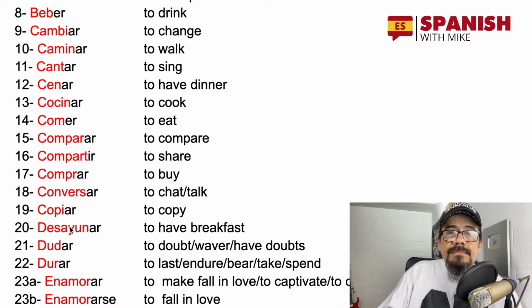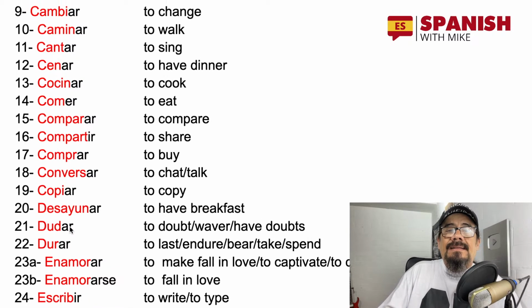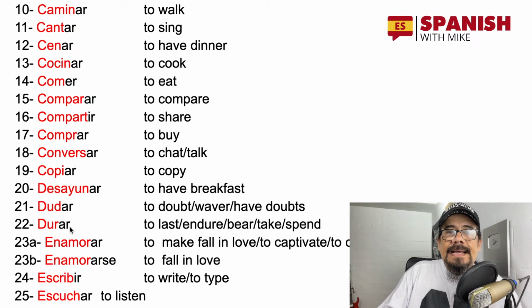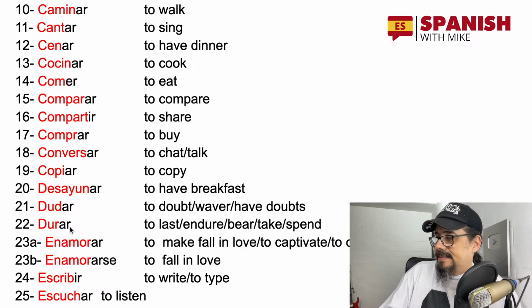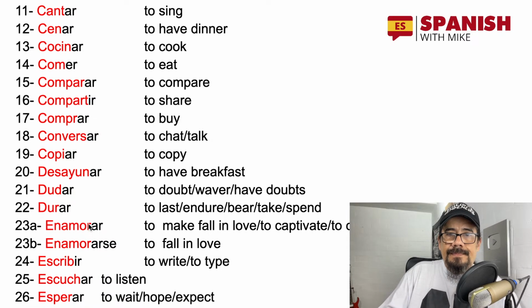Bebiendo. Cambiar, cambiando. Caminar, caminando. Most of the verbs here end in ar. Just a few ones in ir.